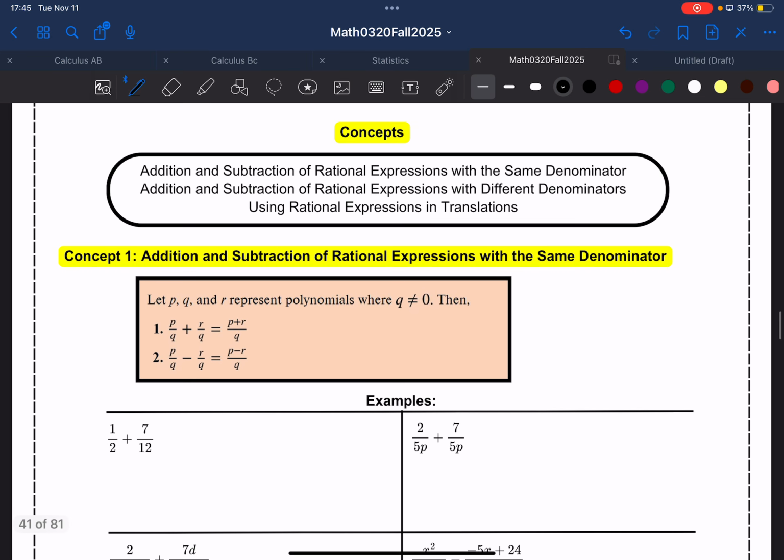Which means when we're adding or subtracting rational expressions, we're going to do the same thing as we do with fractions. So if we're adding or subtracting fractions, we have to make sure that they have what in common? The denominator. So we're going to do the same thing with these rational expressions. Make sure the denominator is the same.